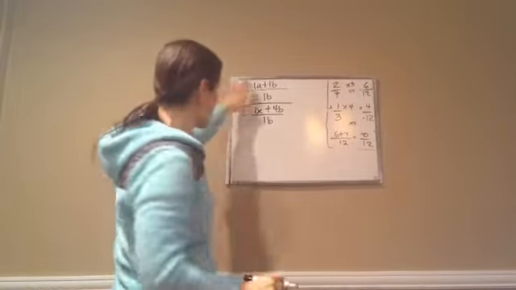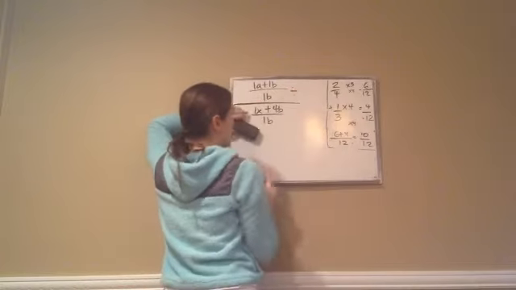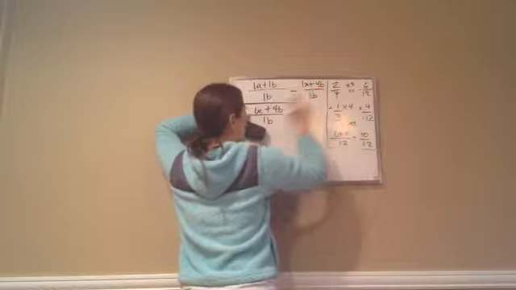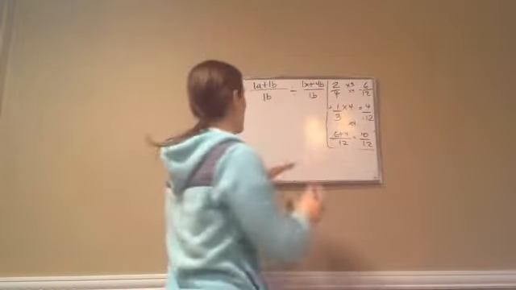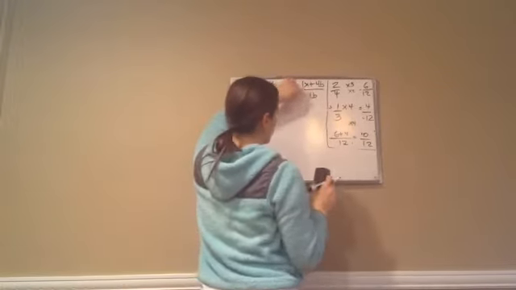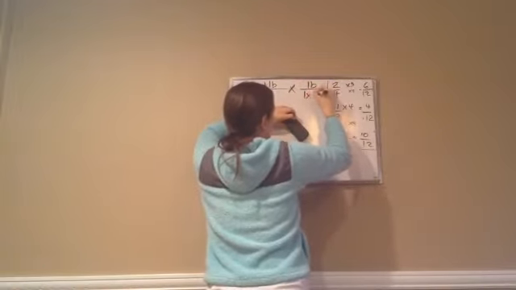Okay? Now you're going to take this answer, and you see this division bar. You're actually going to write division like that, and put 1x plus 4b all over 1b. And now you can't divide fractions, so you're going to have to multiply them. Okay? And now we're going to have to flip these. So this becomes 1b all over 1x plus 4b.